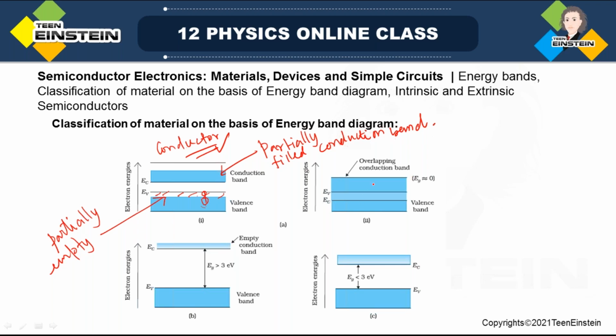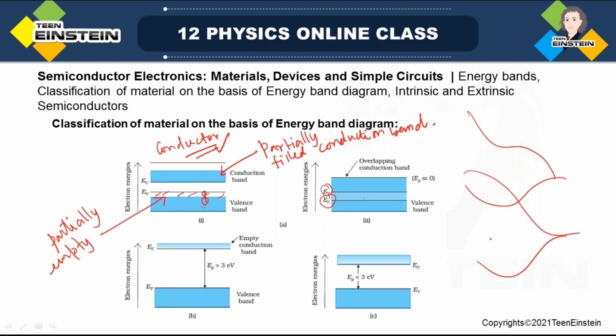We'll see another type of band diagram for conductors. Sometimes the lowest level of the conduction band will have energy lower than the highest level of the valence band. In such a case, conduction band and valence band will be overlapping each other.